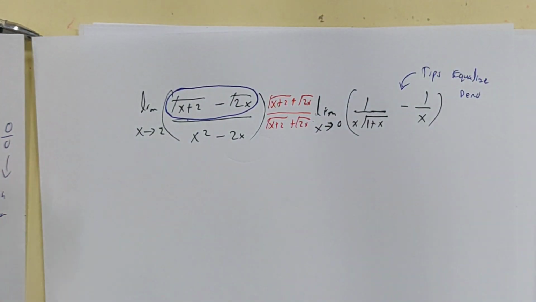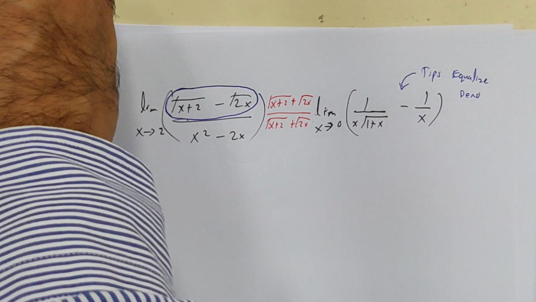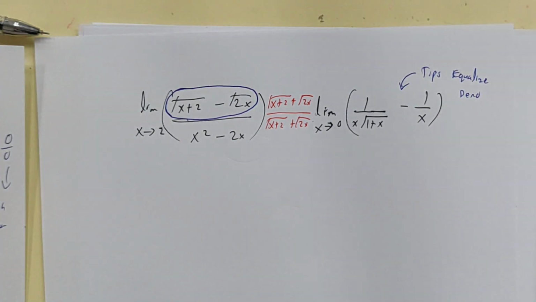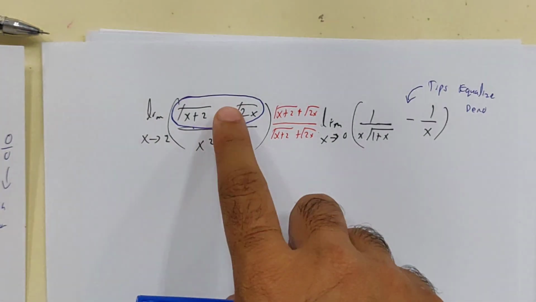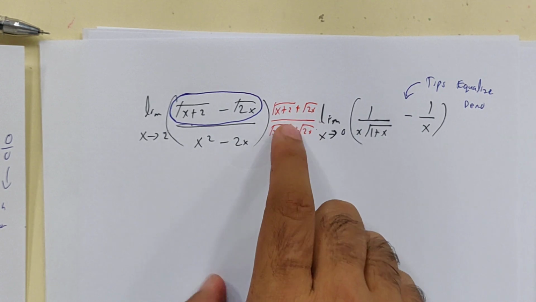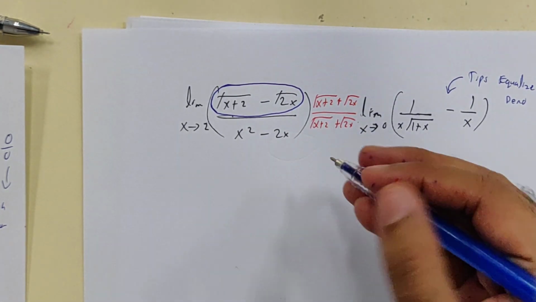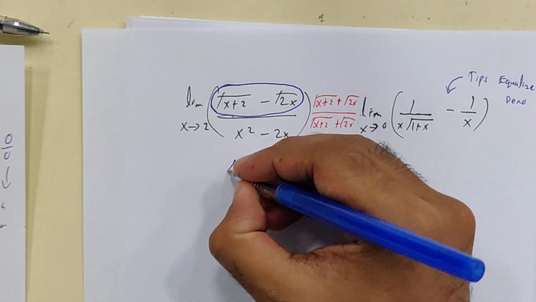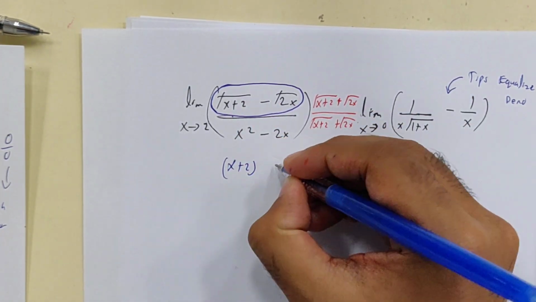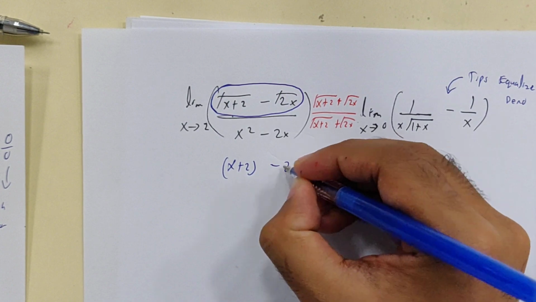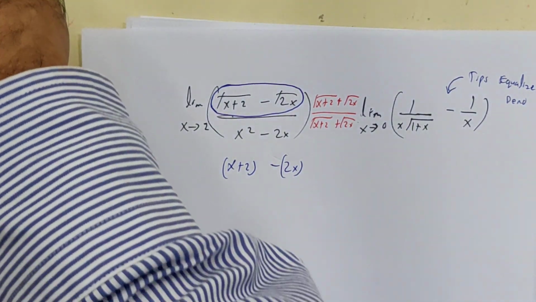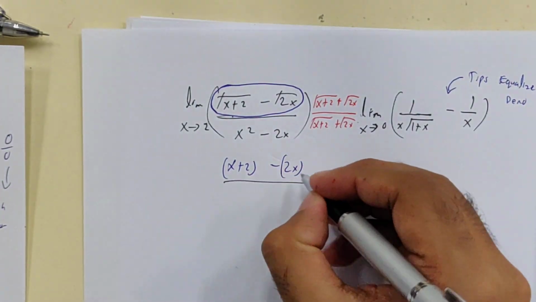Okay, which one should I expand? Top or bottom? Top. Why top? Because that's the conjugate part. Expanding that, I get myself x plus 2 minus 2x. Okay, try to finish it from there.